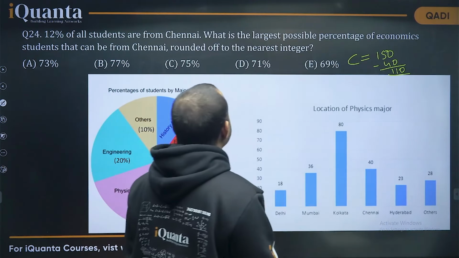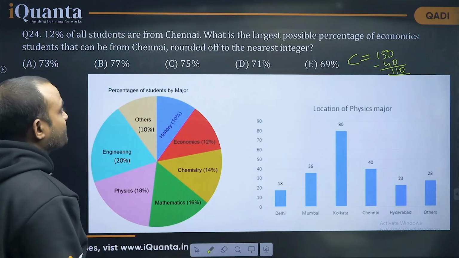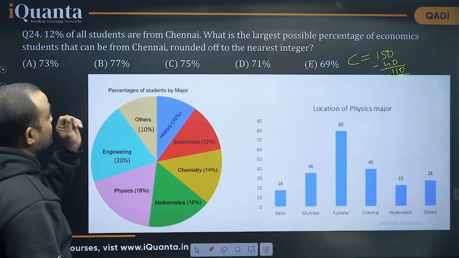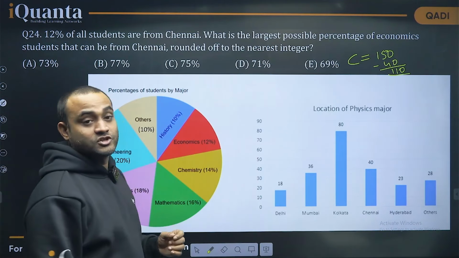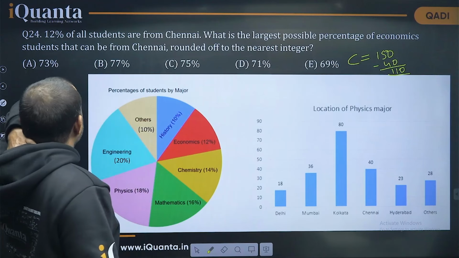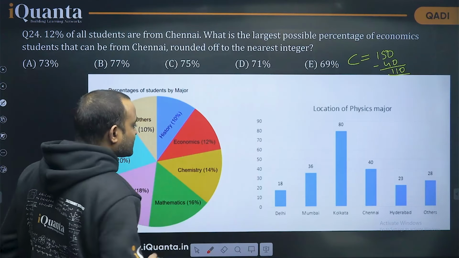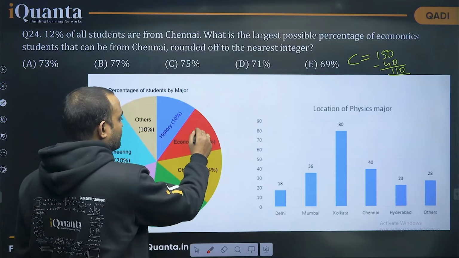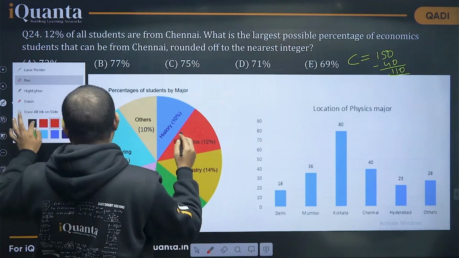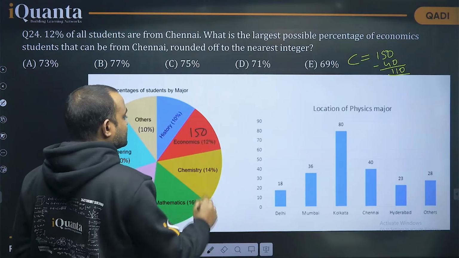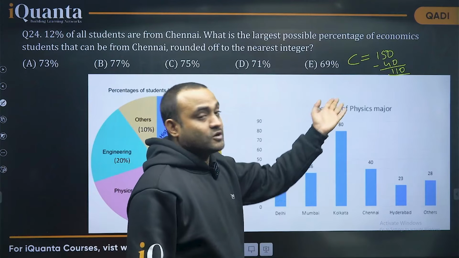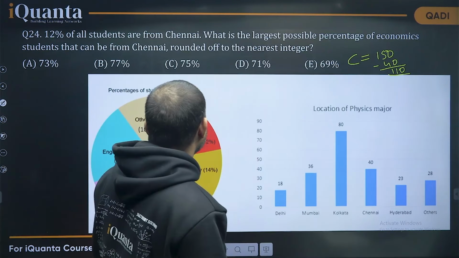Then it says, what is the largest possible percentage of economics students that can be from Chennai, rounded off to the nearest integer? So from economics students, how many economics students are there? 12%, which is 150. So out of 150, how many of these can be from Chennai, right?